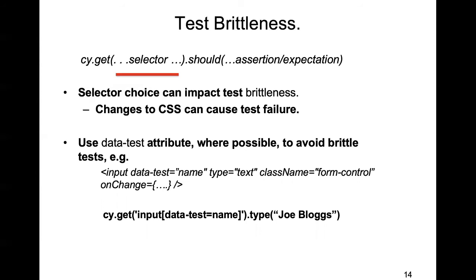But if you're writing a lot of your own custom CSS, which is probably going to be subject to change, then using CSS selectors might make your testing code quite brittle, because if somebody decides to change the name of a custom CSS class, and you're using that CSS class within your test scripts, then that now means that your test is going to fail simply because somebody renamed a CSS class for whatever reason. So that can impact on the brittleness of your tests.